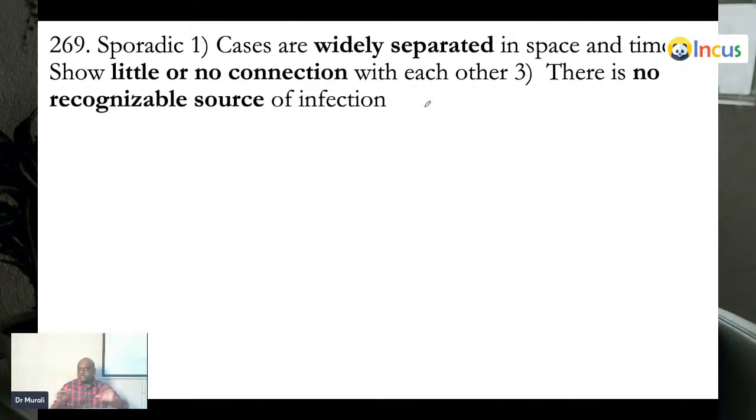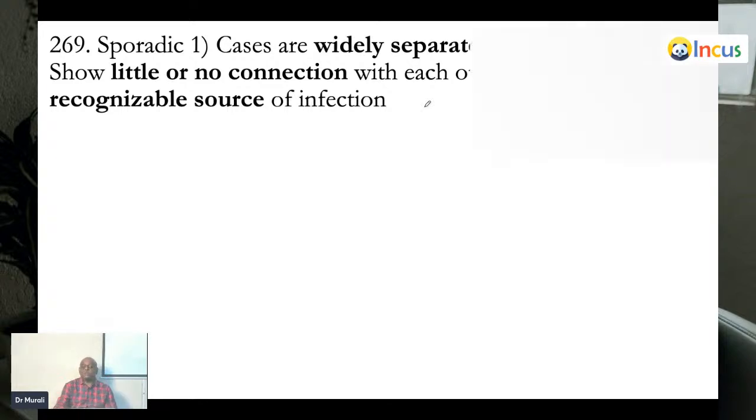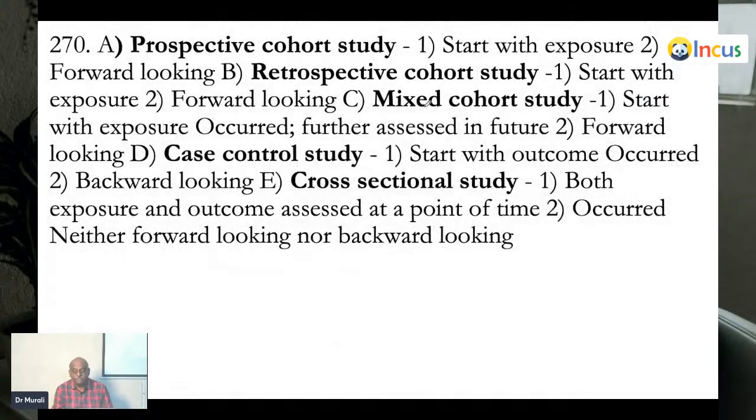They show no connection. Why Meghalaya is developing dengue fever may not have relation with few cases reported in Andaman. And there is no recognizable source of infection that leads to sporadicity, is what you have to understand.